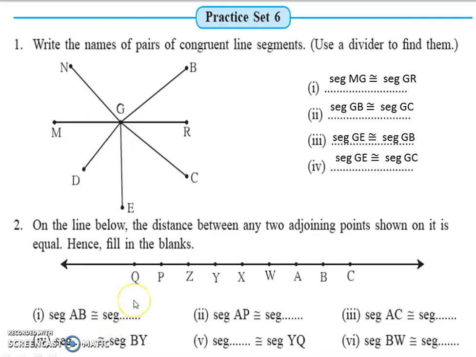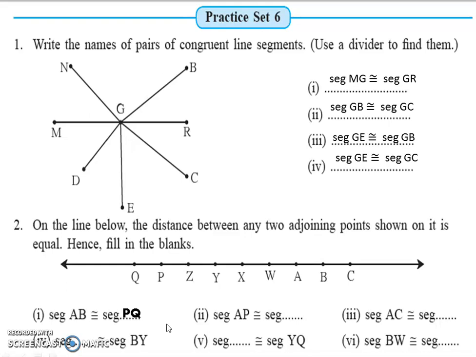Now, if you see children, segment AB measures 1 unit. So, any segment on the line which measures 1 unit will be congruent to segment AB. So, therefore, our answer will be segment AB congruent to segment PQ. You can have varied answers for this question.